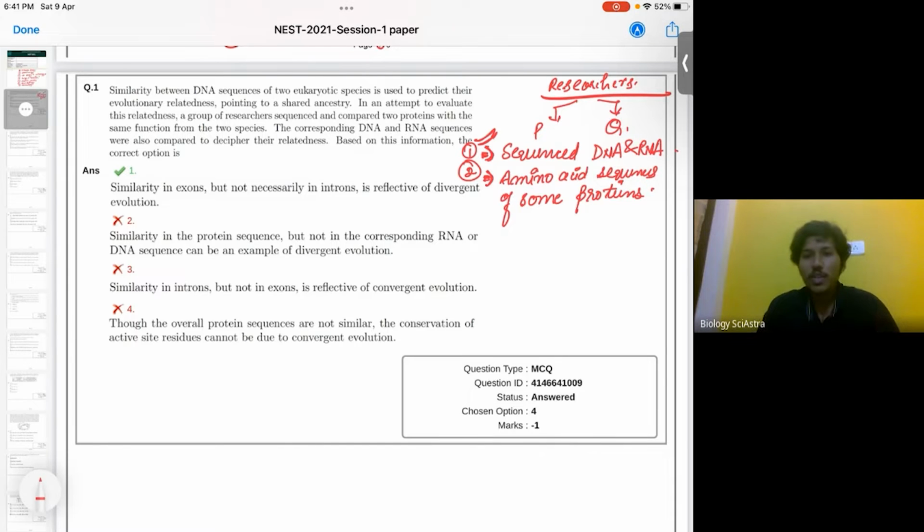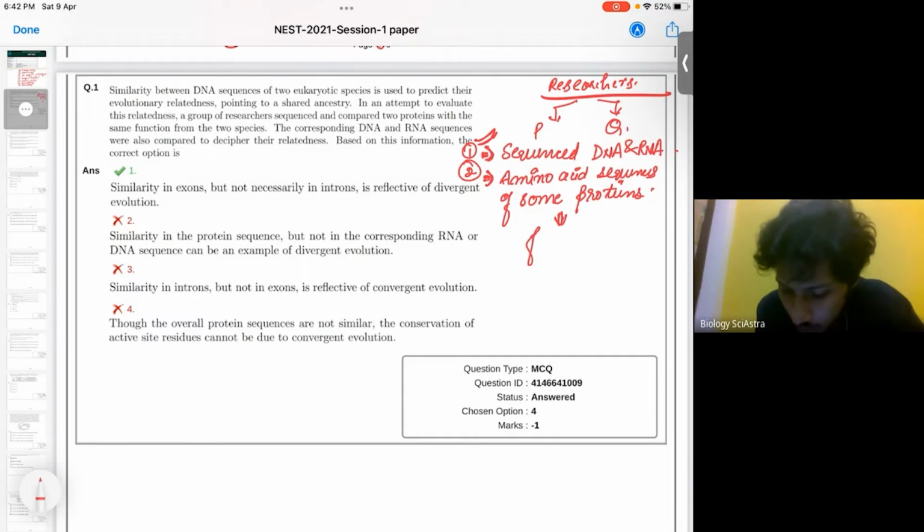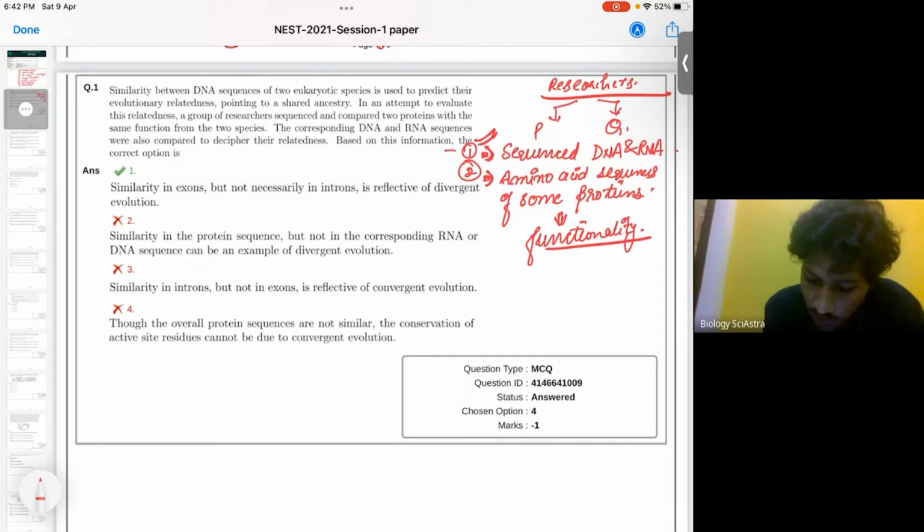And if protein sequences are the same, then it can have the same ancestry, but protein sequences, the amino acid sequences being the same, means that they will have similar function. Okay, so if protein sequences are same, then we can say that these 2 proteins will have common functionality. So protein sequences signify functionality, while genetic content signifies common ancestry.